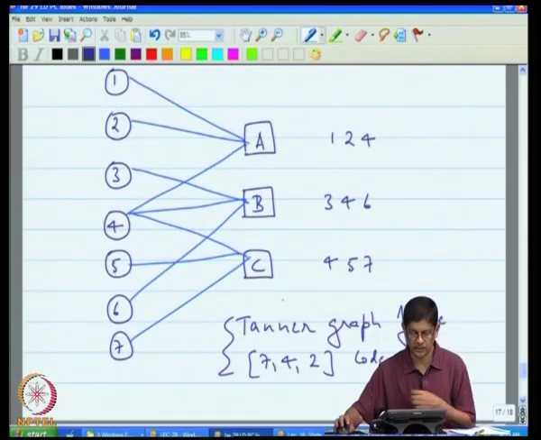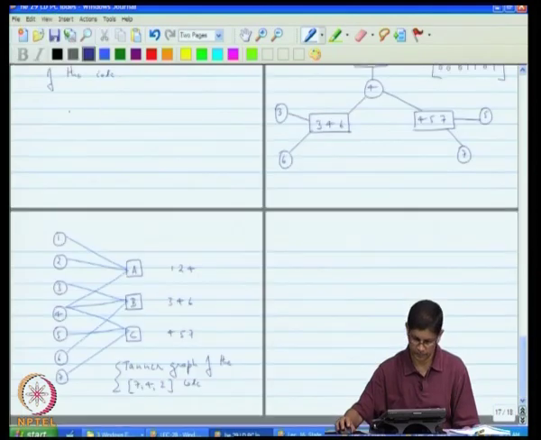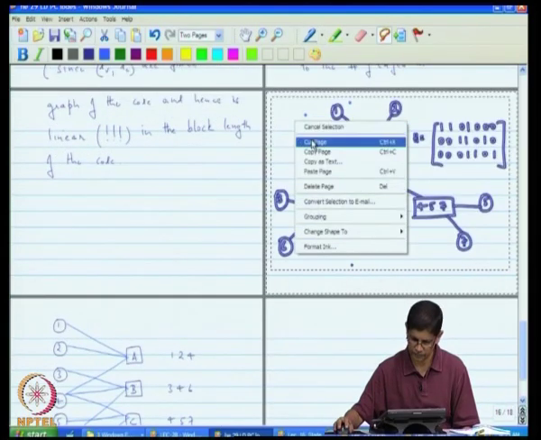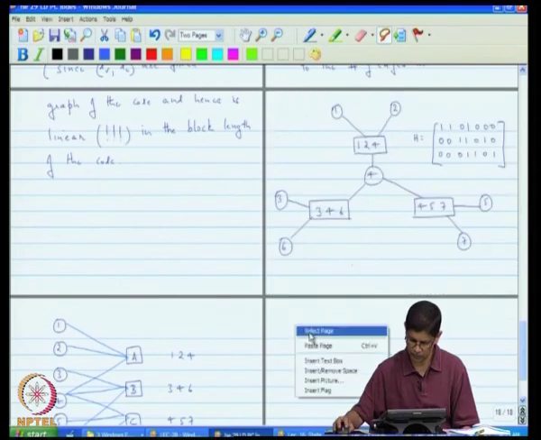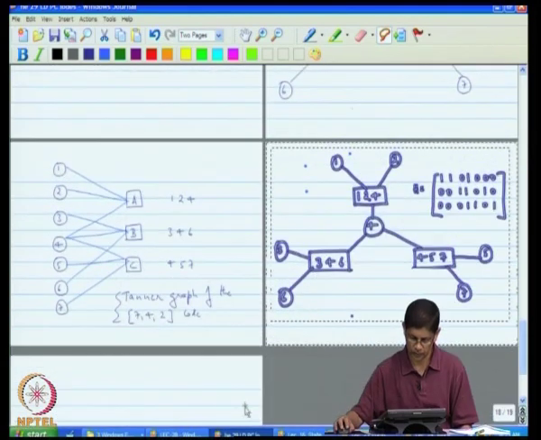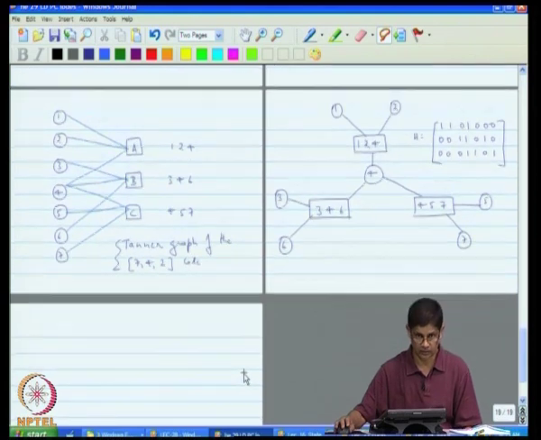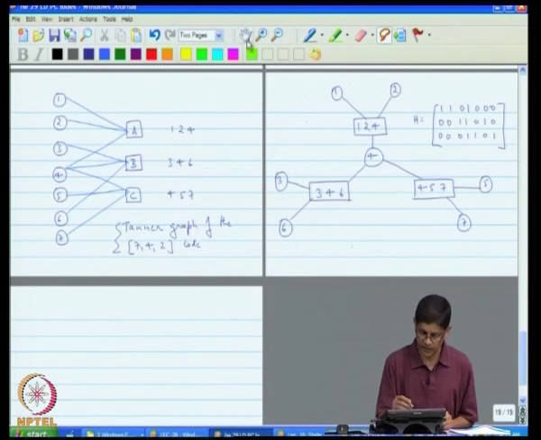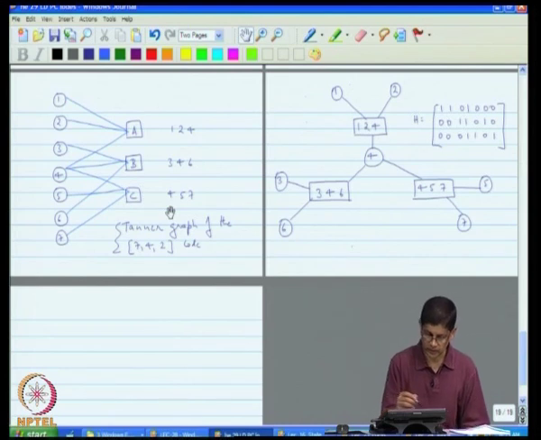Let me show these to you side by side. Here you can see the 2 graphs side by side, and you can interpret this as a redrawing, because 1, 2, 4 is A, 3, 4, 6 is B, and 4, 5, 7 is C. So, we will make that more clear.